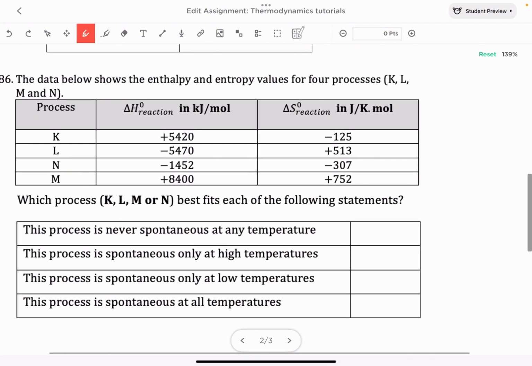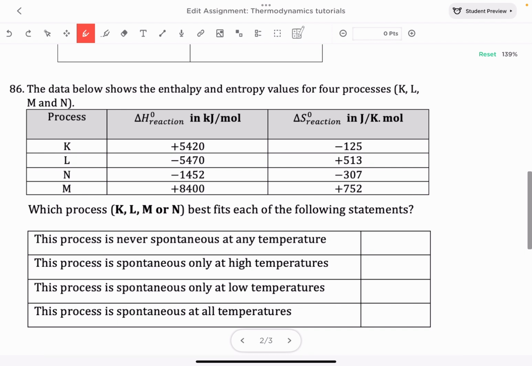So let's look at this one. Here, the first thing you look at, search for delta H and delta S having opposite signs. These two, they have opposite signs. So the exothermic one is forever spontaneous. So this process, process L, is always spontaneous no matter what the temperature.